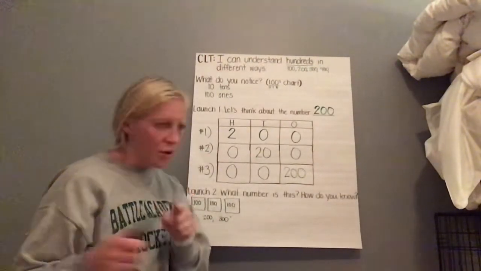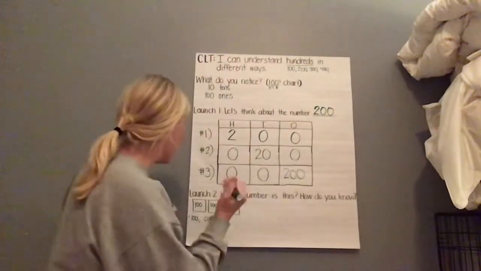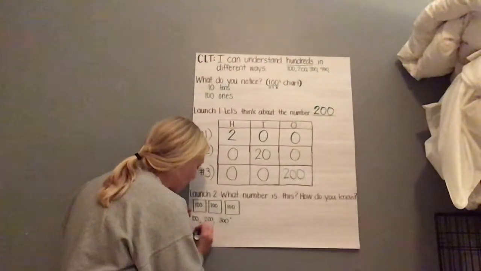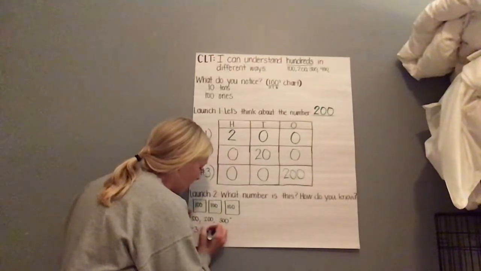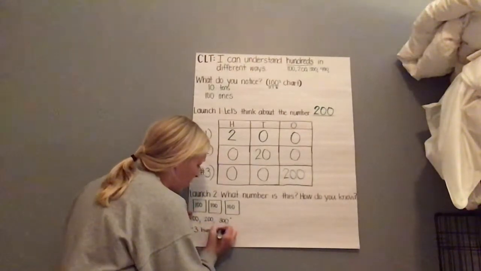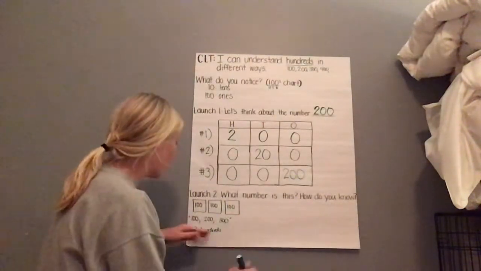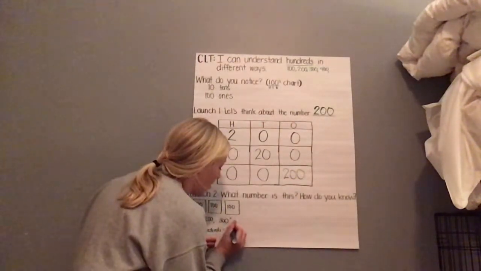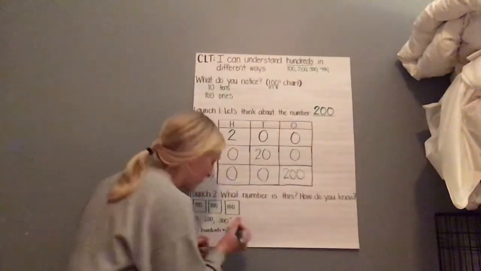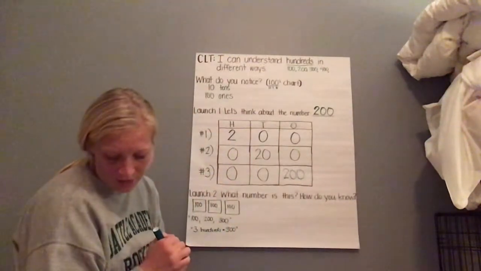So if you know that 300s, and we're going to write that down, 300s, because this is a 1, 2, and 3. There are 3 of those sets of 100. 300s equals 300. Ooh, look at this awesome learning.